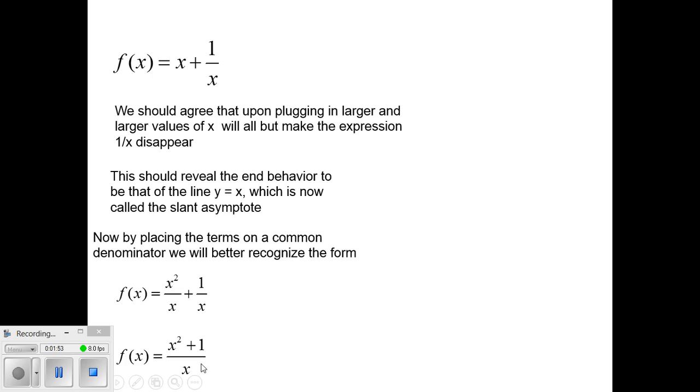Then we would see it in a more traditional rational function format, and easily identify that there's a vertical asymptote at 0, there are no x-intercepts, and no y-intercepts, and the power in the top is greater, which is indicative of that kind of slant asymptote.